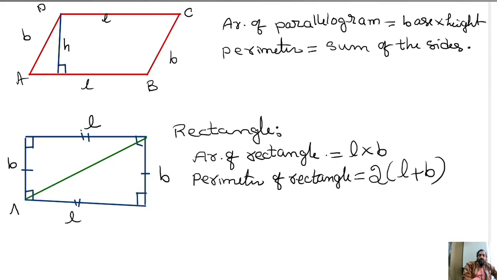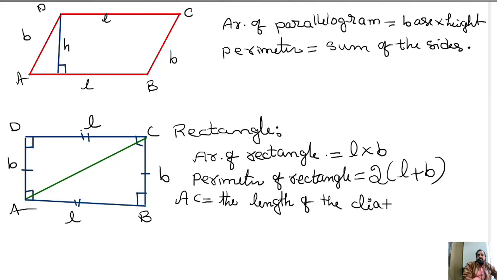Now what is there here? Suppose ABCD is the rectangle, then what is AC? AC is the length of the diagonal.